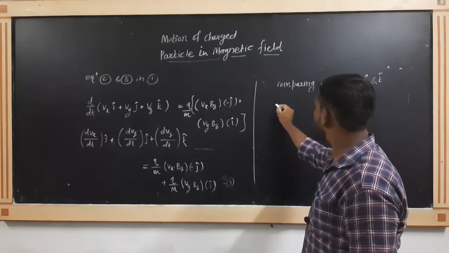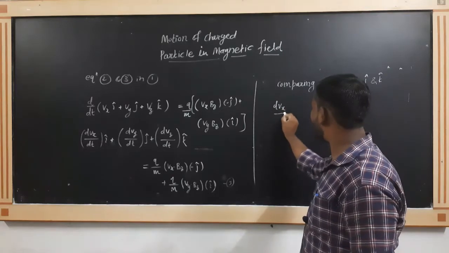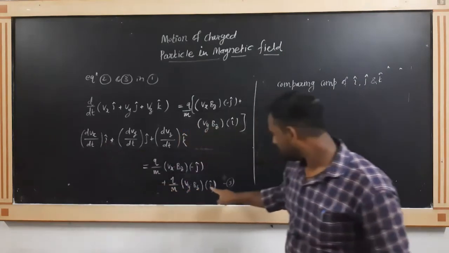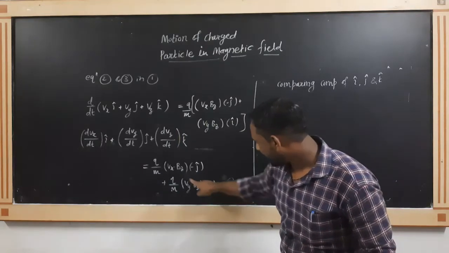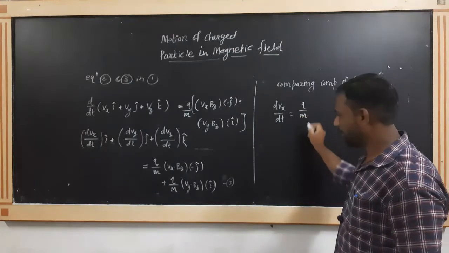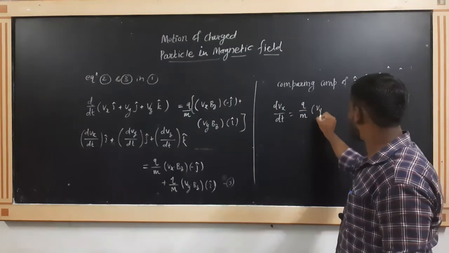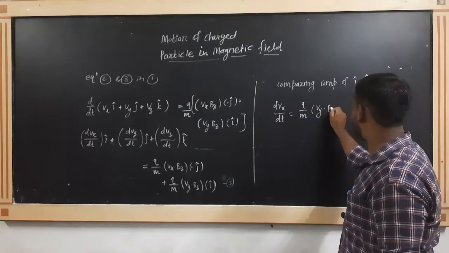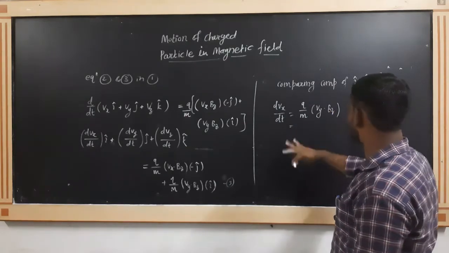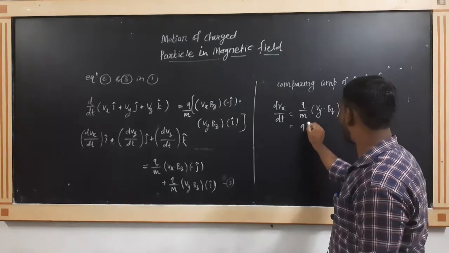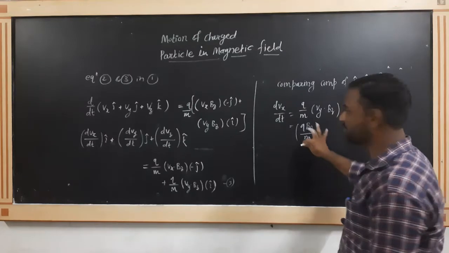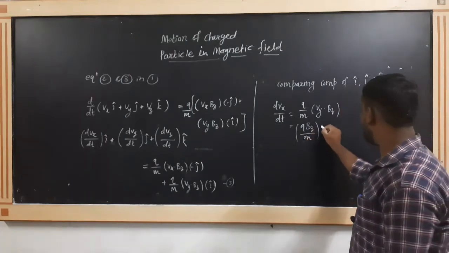dvx by dt: for I, what is the component on the RHS? Yes, q upon m into Vy Bz. We can rewrite this equation as q Bz upon m, which looks like some constant quantity, into Vy.